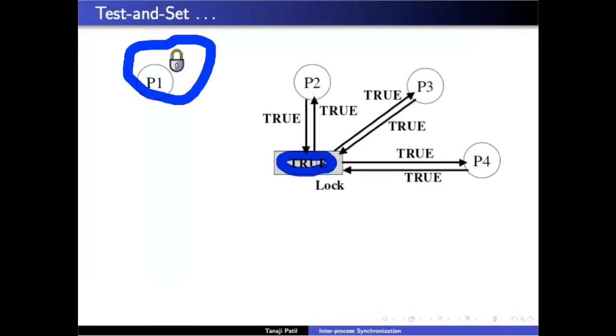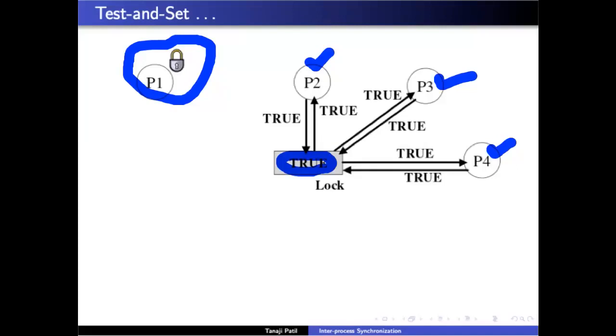Lock is acquired by process P1, and suppose there are other processes P2, P3, and P4, and they are trying to acquire the lock. In the very first instruction, what will happen? They will get the value of true, because it is true, no? The first part returns the current value, which is true.